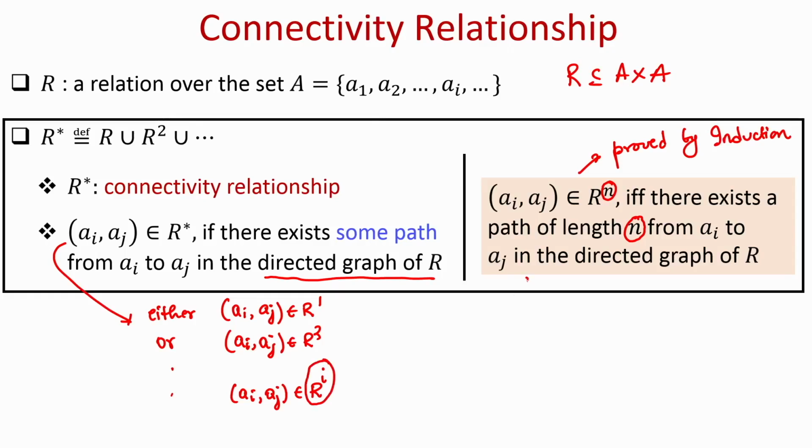Then as per this theorem proved in the last lecture, there exists a path of length i from the node a_i to a_j.